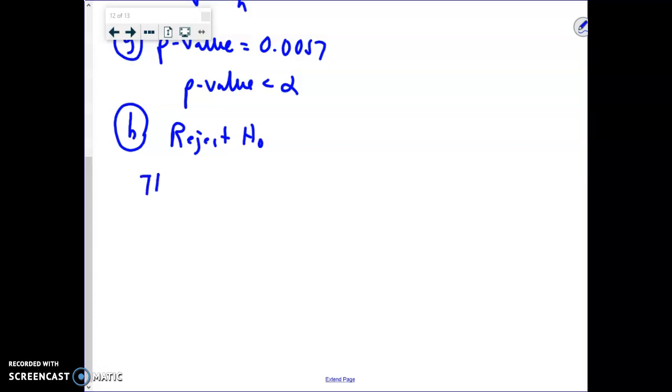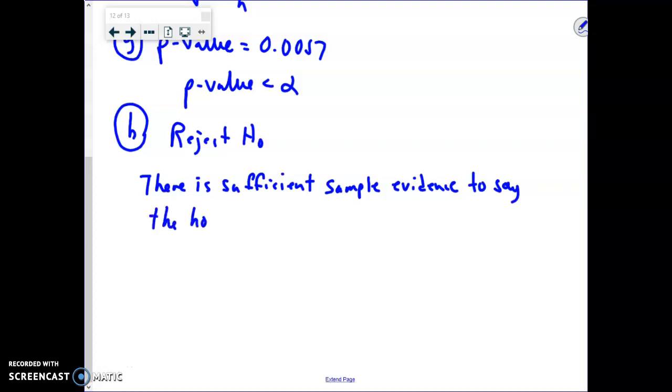So there is sufficient sample evidence to say the home team wins more than 50% of the time, at least in Major League Baseball.